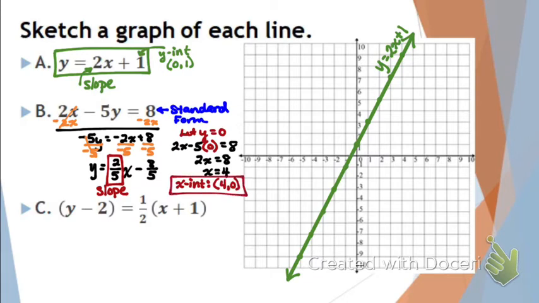And we've got our slope. I'm going to plot that x-intercept, 4, 0. From any point that is on the line, I can use the slope to find another point. So from here, where do I go? Up 2 and right 5. And I can back it up and go the other direction as well. Down 2 and left 5.